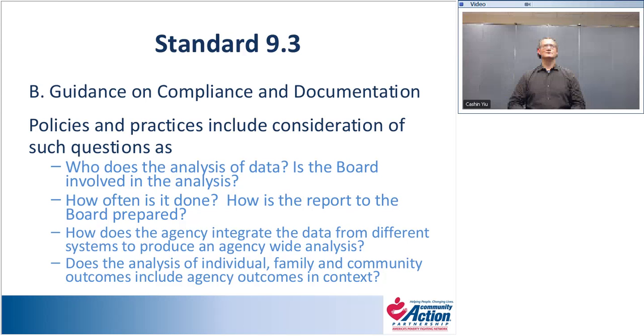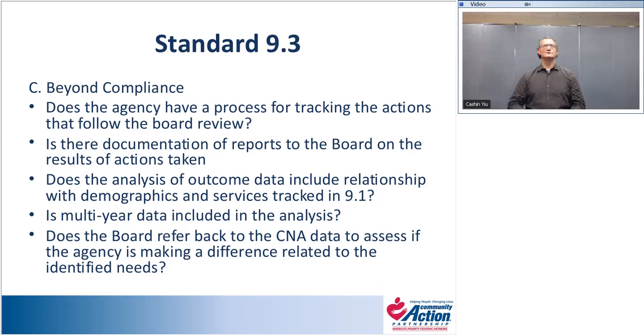And then how do you get this agency-wide analysis, not just program-specific analysis? And then do you include the individual, family, and community outcomes in the context of the agency outcomes? So then we might have made changes in the agency systems, and that produced some changes in outcomes for families or communities.